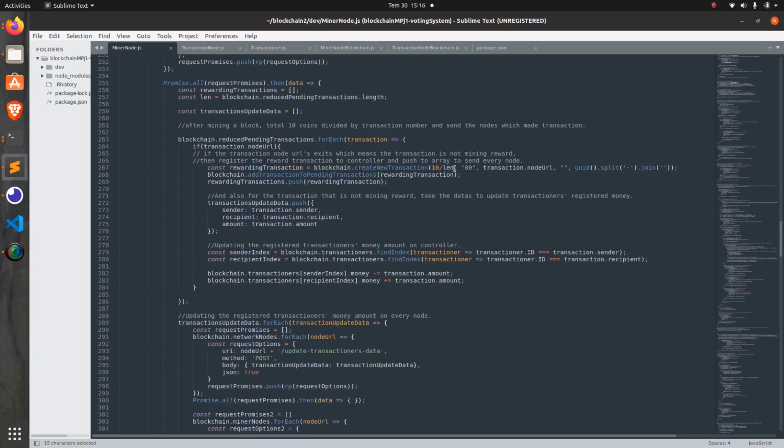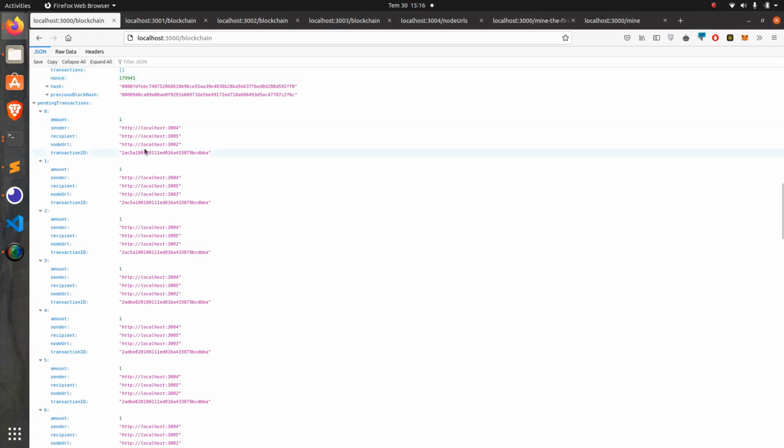So at every mining procedure, the transaction nodes will be rewarded by 10 divided by the total transaction number. And the first one that calculates the money and sends the transaction to the miner node will be rewarded.